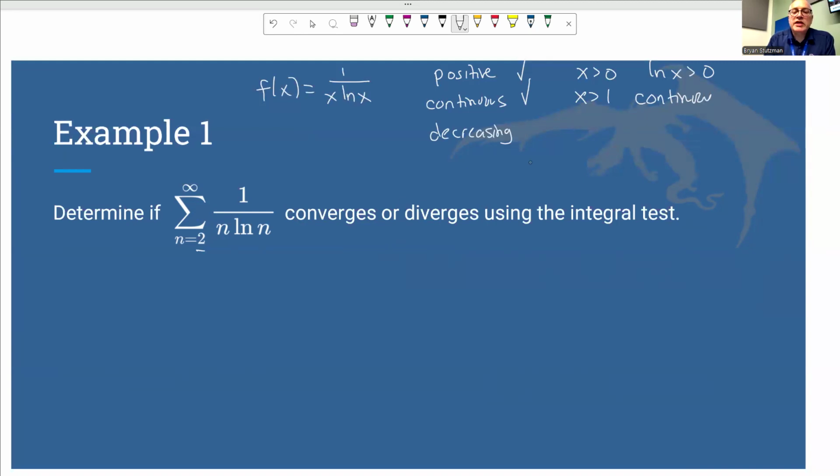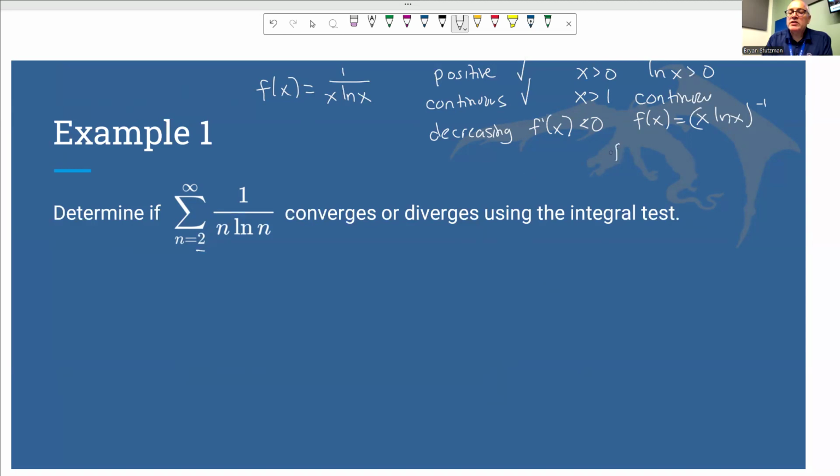Well, it's decreasing if f prime of x is less than 0. And I'm going to check that by taking the derivative. This is f of x, and I'm going to rewrite that using a negative exponent.